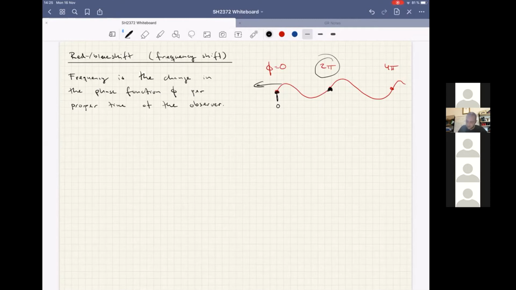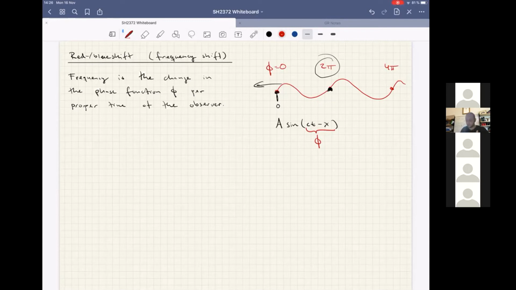So if you just consider the typical sine wave, we would have the wave itself being something like sine of ct minus x, something like that. So this would be a wave moving in the x direction. Now we would have an amplitude here, and we would have a phase function which would be the function inside of the argument, right? Let's mix up angular frequencies and frequencies a little bit. The phase function would be this phi, the argument of the sine function.